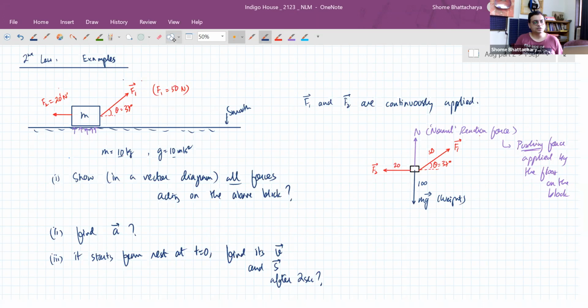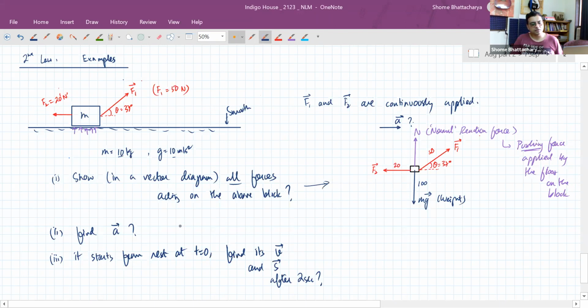And as a result of all these forces, the block will have an acceleration in this direction. Have an acceleration like this, which we want to calculate. Yes, Rishita, very good. That's correct. Okay, so this is the first part.